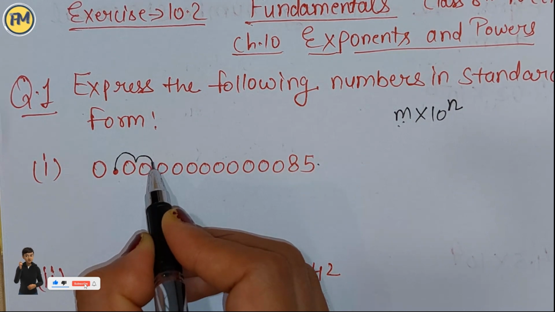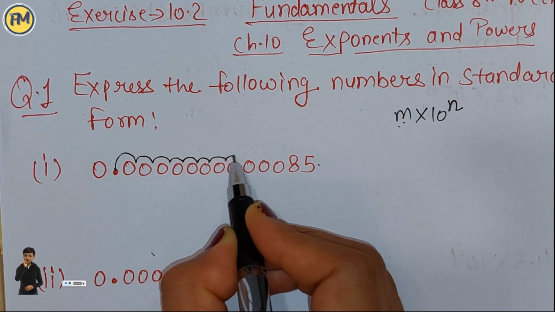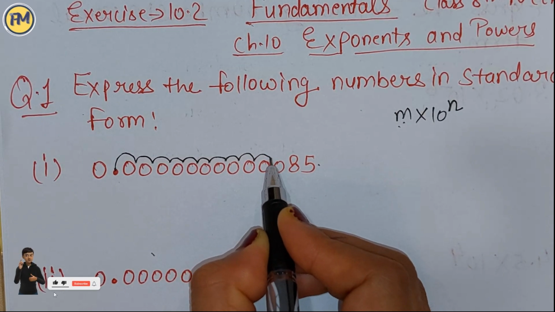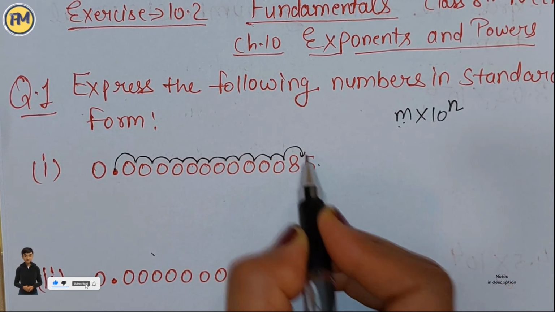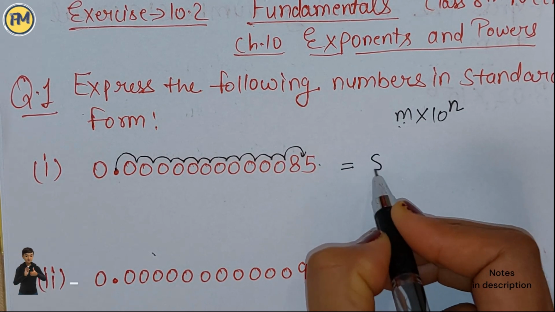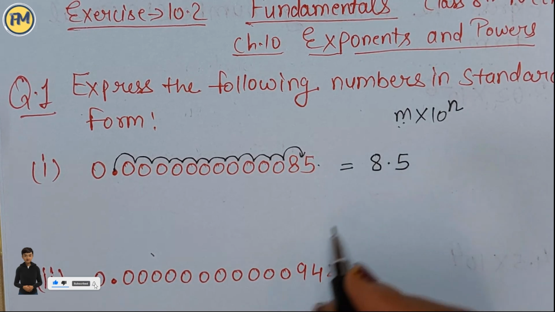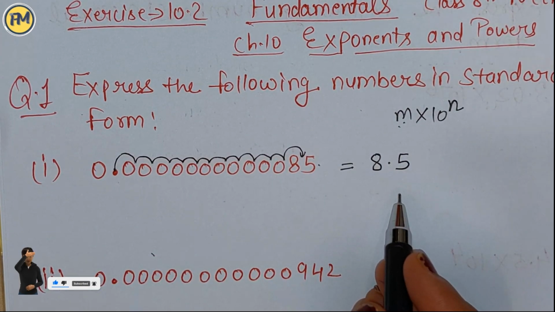1, 2, 3, 4, 5, 6, 7, 8, 9, 10, 11, 12. So we are reaching here in 12 steps. So the decimal point will come here, 8.5, and you are moving to the right side.